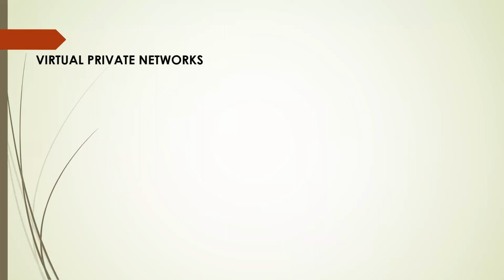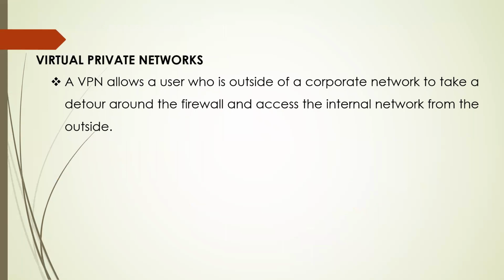Next is virtual private network or VPN. So a VPN allows a user who is outside of a corporate network to take a detour around the firewall and access the internal network from the outside. So using firewalls and other security technologies, organizations can effectively protect many of their information resources by making them invisible to the outside world.